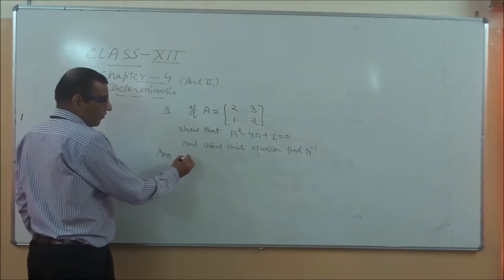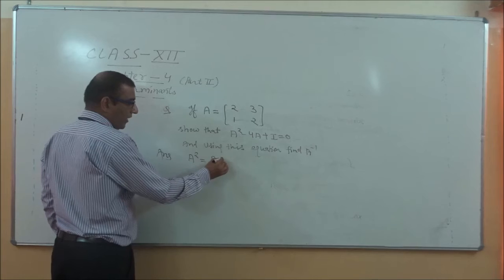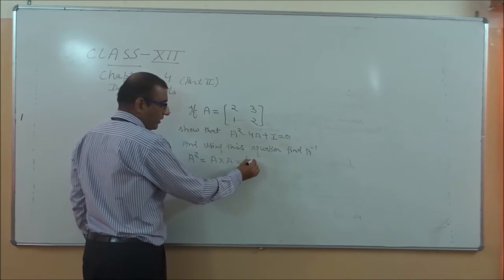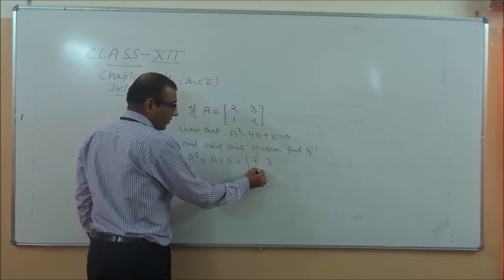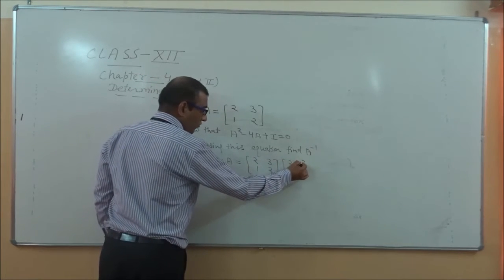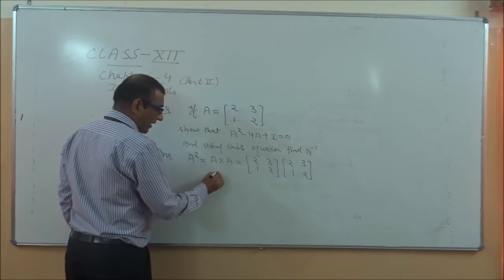So first we will calculate A square. As you know very well, A square means A into A. It means we will put the value of A, 2, 3, 1, 2. Again we will put the value of A, 2, 3, 1 and 2, and now we will multiply it.